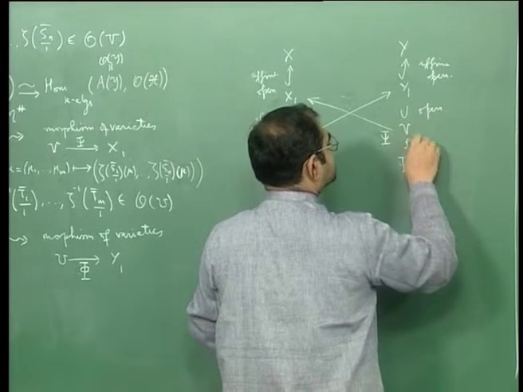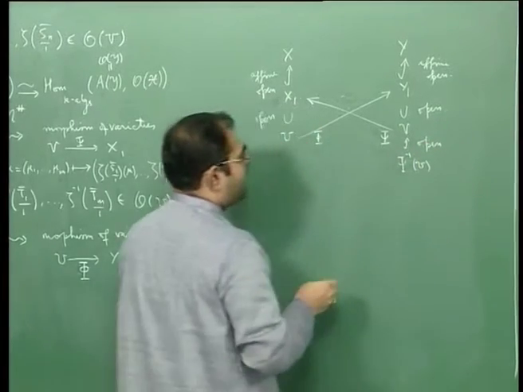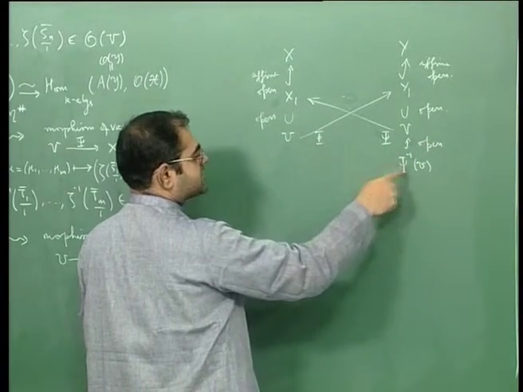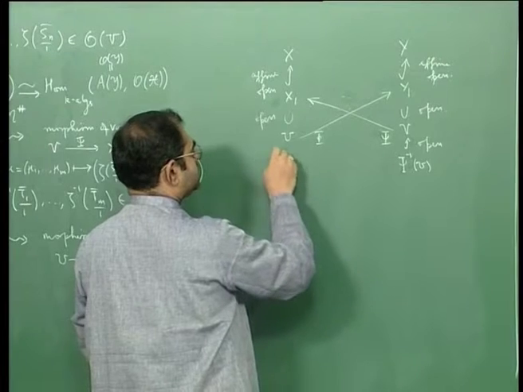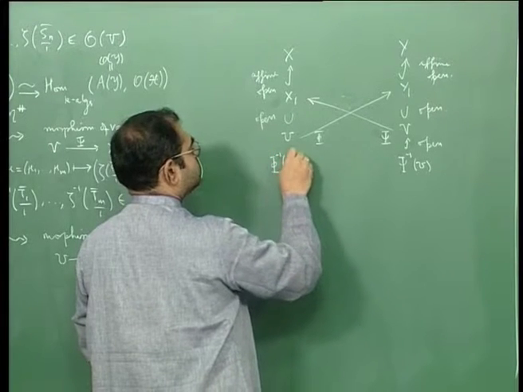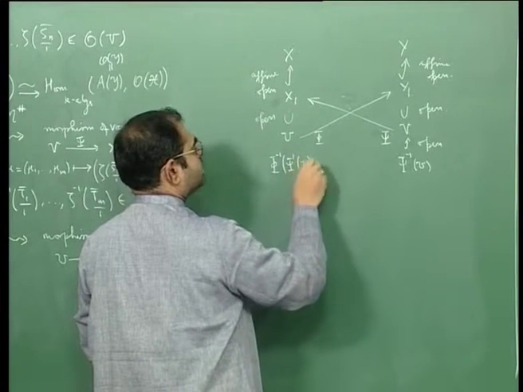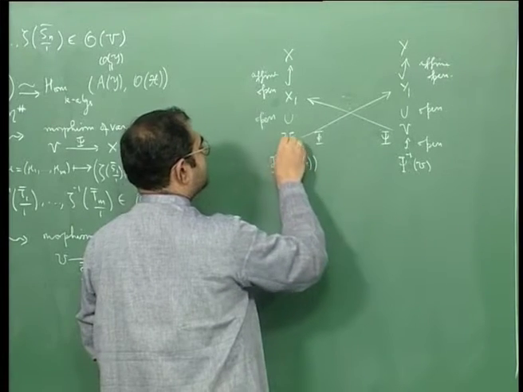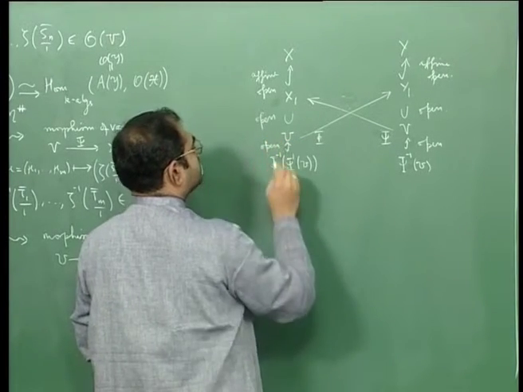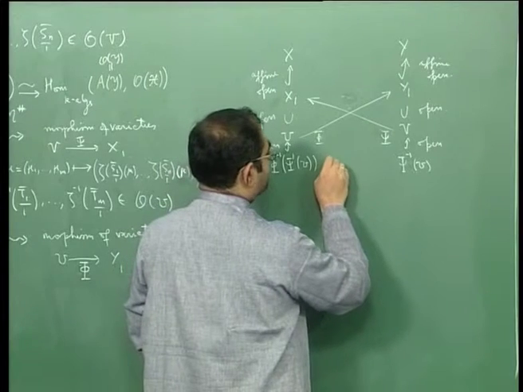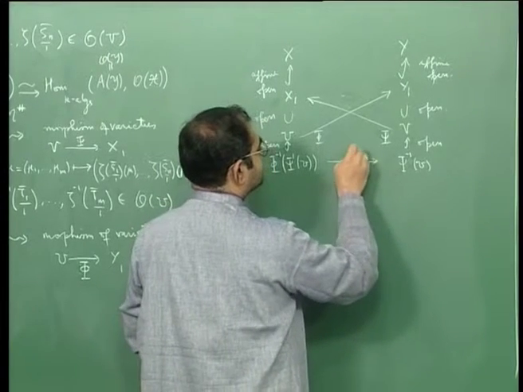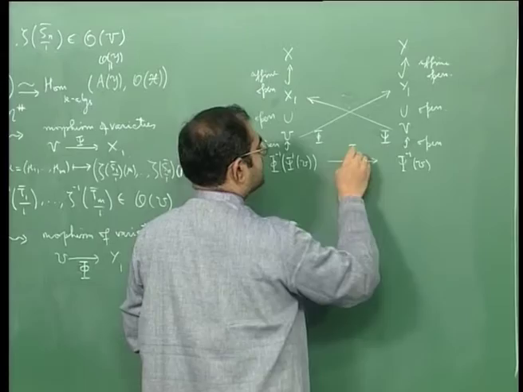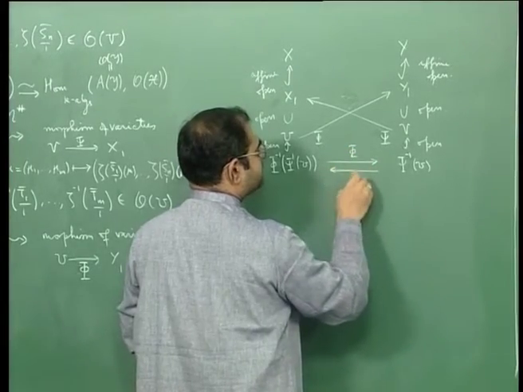This is an open subset of this, okay, and then here I take phi inverse of C inverse of u, that here is an open subset, okay, and the fact is that phi will carry this into this and psi will carry this into this.